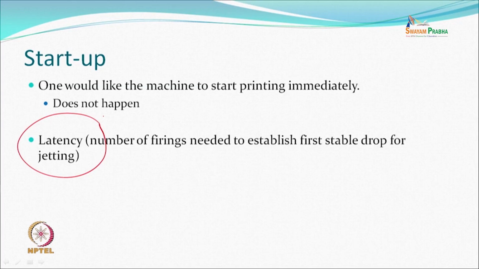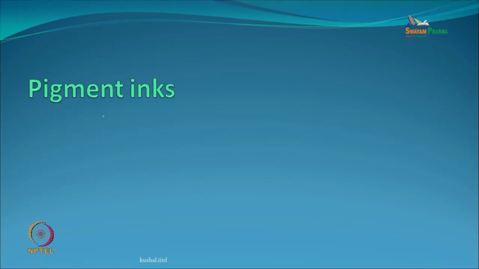If something is sticking somewhere, some portion is dried up, or the holes are not really clean, it takes a number of firings before everything comes out smooth. That is called latency, and this is what is sometimes known as startup issues.